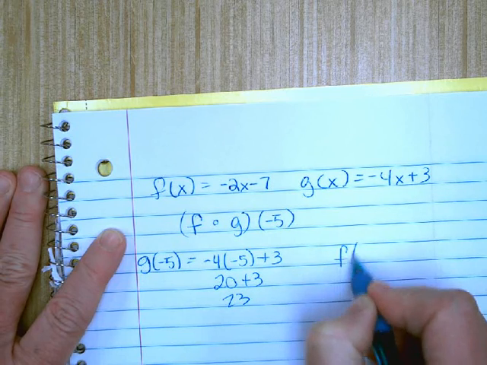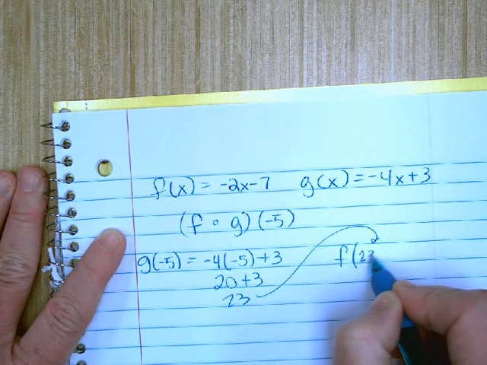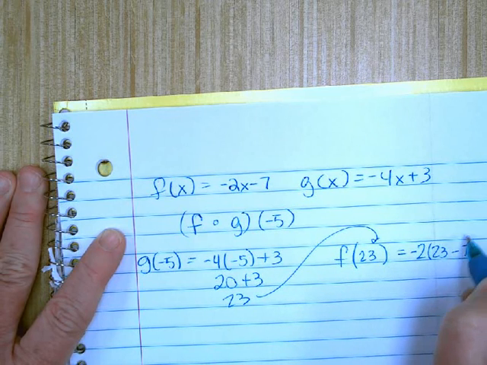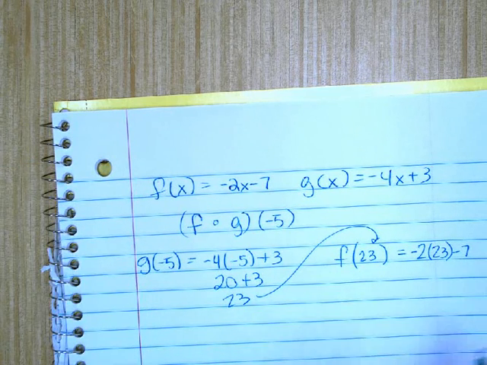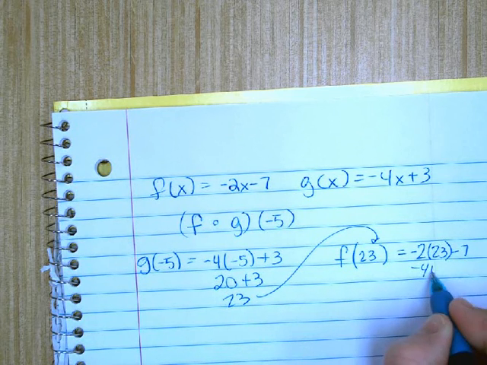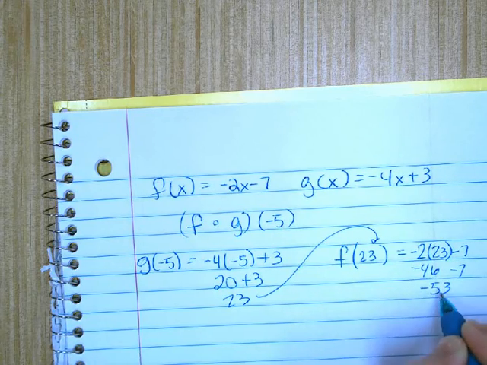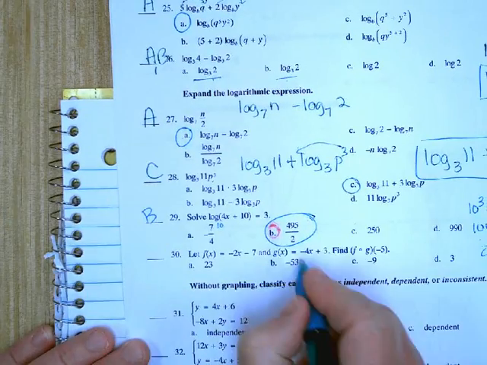Then that's the value you put in place of x in the f equation. And negative 2 times 23 is negative 46. Minus 7 is negative 53. So number 30's answer is B, negative 53.